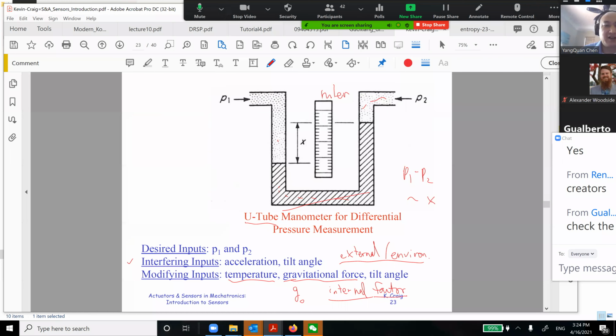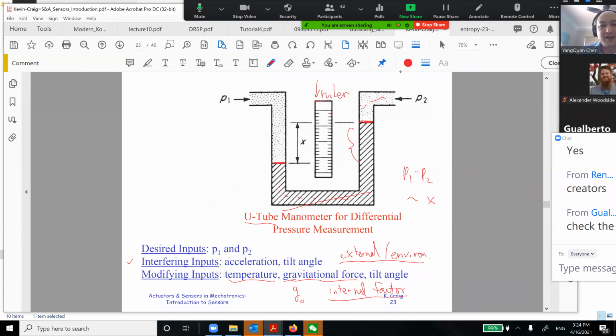So we have another example called the U-tube manometer for differential pressure measures, okay. This is a marked ruler fixed in there. So I can measure the surface, and the difference of the surface is called X, okay?